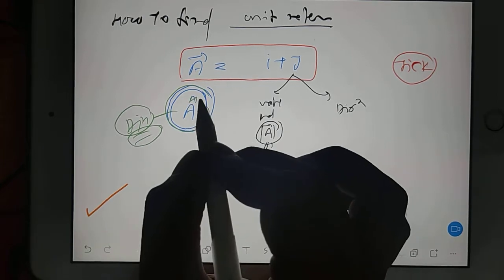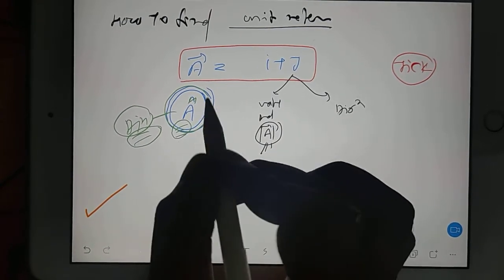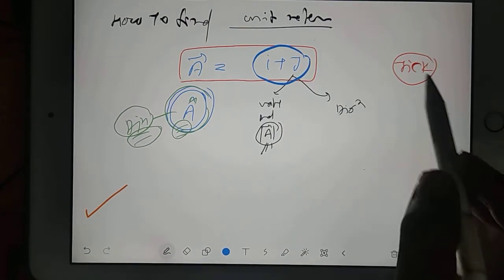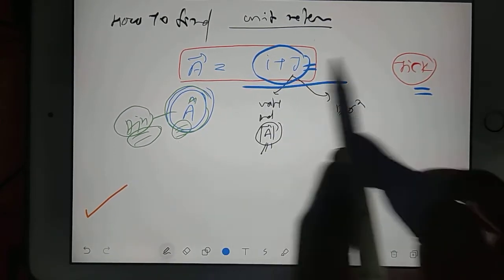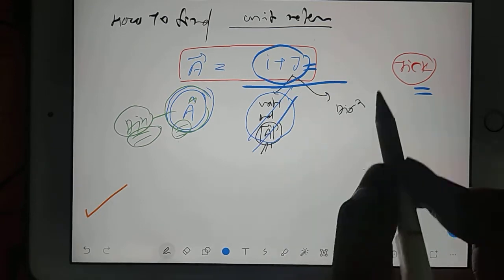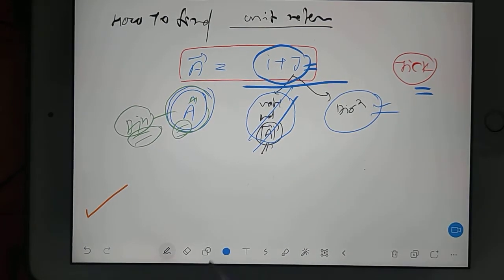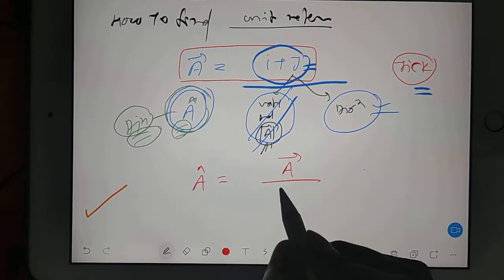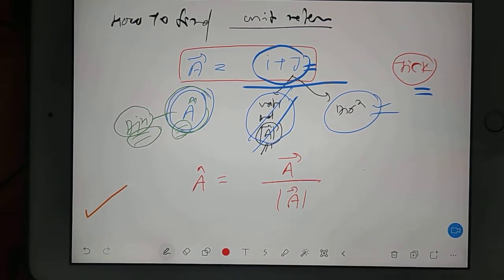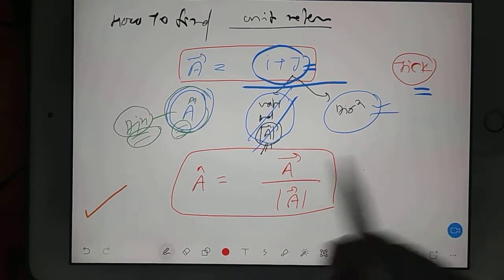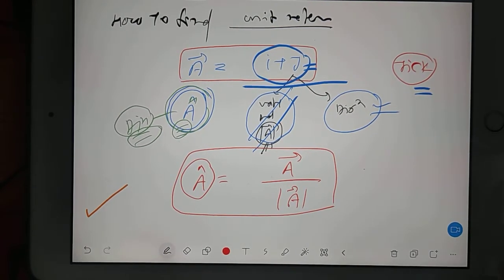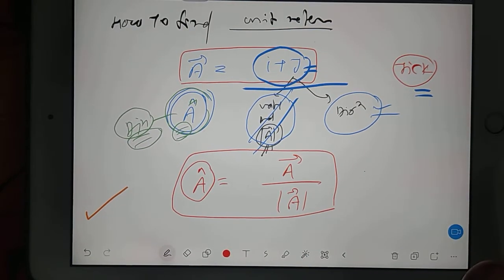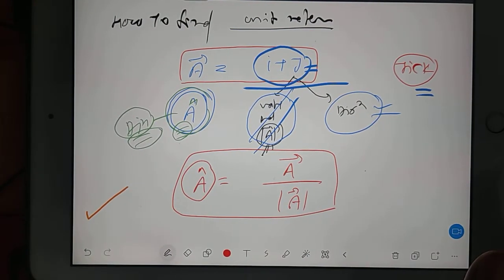Now get the trick: if I divide this entire property by its value, then the value will get cancelled, and I'll be left with direction. So A cap equals the total vector divided by its magnitude. This is the equation to find the direction of any vector. This trick will help you a lot. So this was the basics of vector quantity.